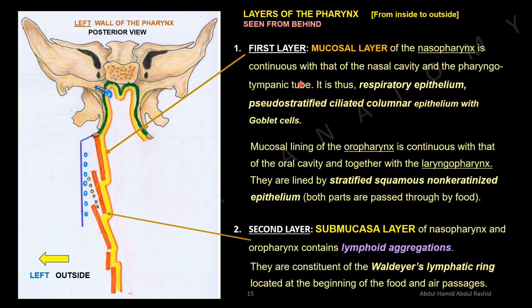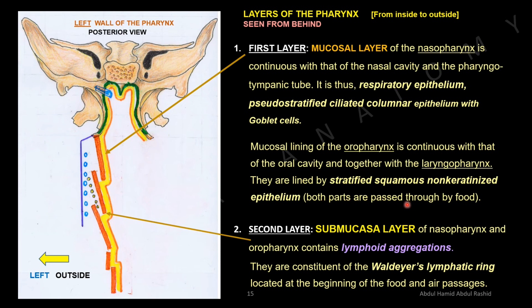Because of that, in the nasopharynx, the mucosal layer is respiratory epithelium, which is pseudostratified columnar epithelium with goblet cells. However, the mucosal layer in the oropharynx, which is continuous with the oral cavity, together with the laryngopharynx, is lined by stratified squamous non-keratinized epithelium.